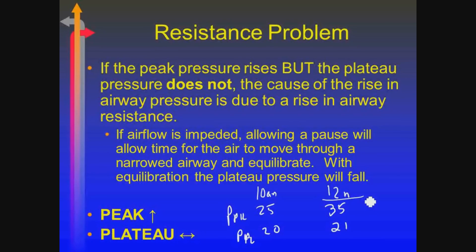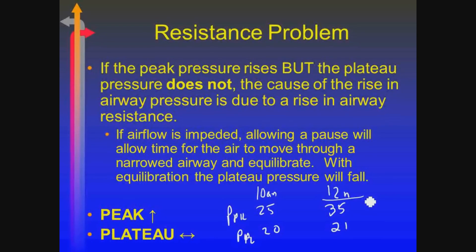In that case, that's a resistance problem. When I have that pause occurring, the pressure in the airway is allowed to spread itself out across the lung. Meaning, given time, even though I got a narrowed airway, gas is allowed to spread itself out. And the pressure doesn't rise in the same fashion in the plateau that rose in the peak.